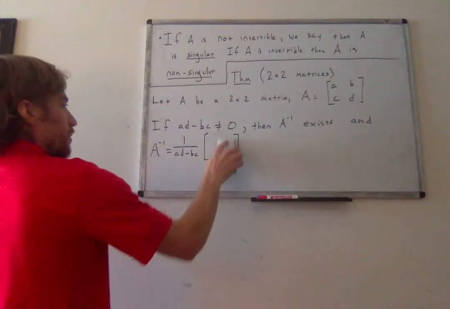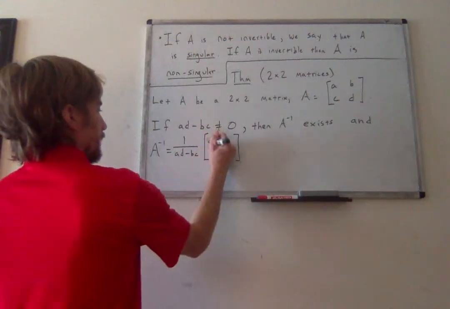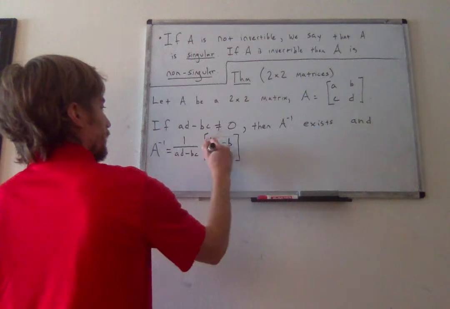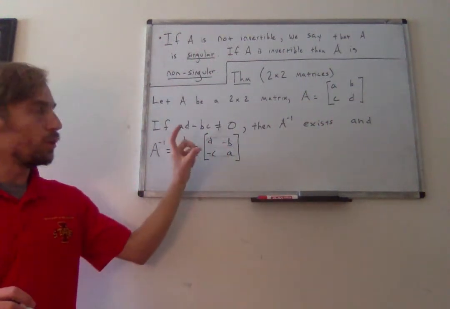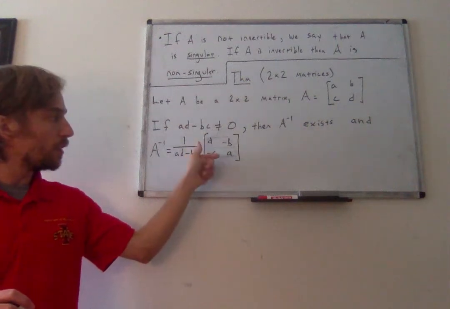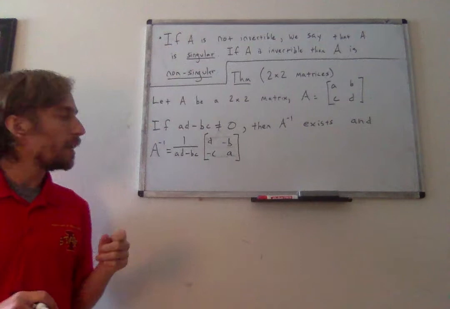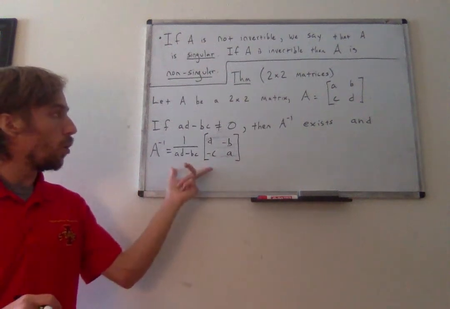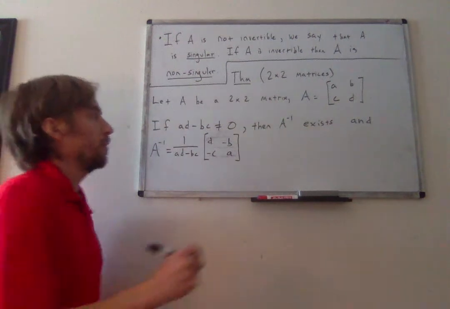I did the negatives. So I apologize. This is the inverse of A. So you swap the diagonal entries, and you multiply the off-diagonal entries, so the non-diagonal entries, by negative 1. And this will always, assuming this value is non-zero, find you the inverse of A.